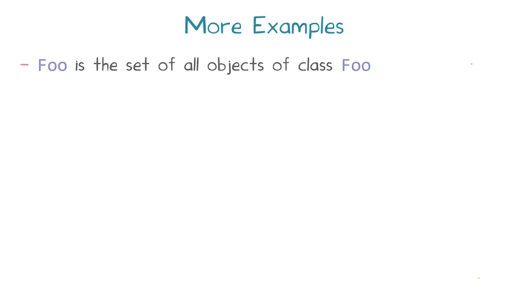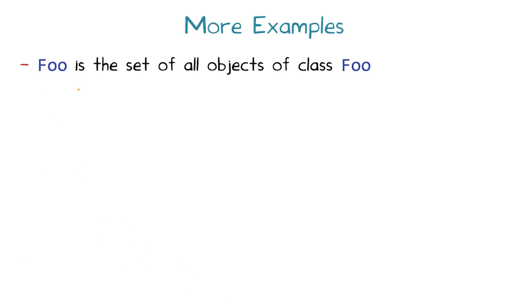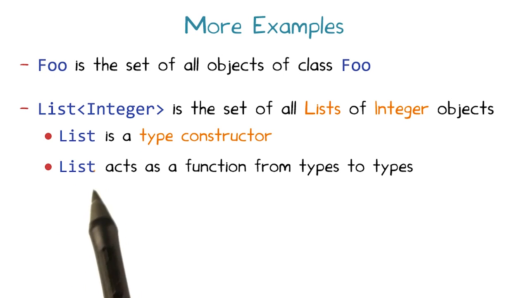Moving away from primitive types in Java, we can come up with more complex examples. If we have a class named foo, then the foo type is the set of all objects of class foo. List of integer is the set of all list objects which contain integer objects. Note that list is a type constructor.